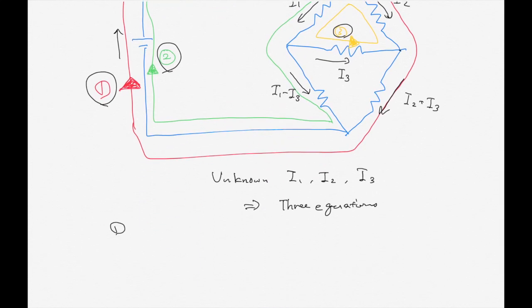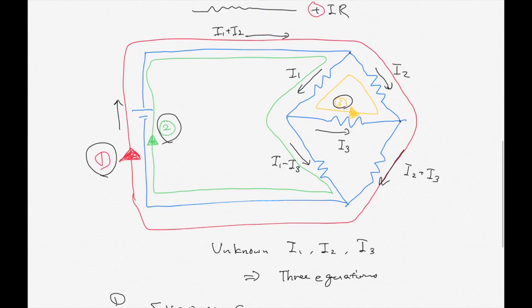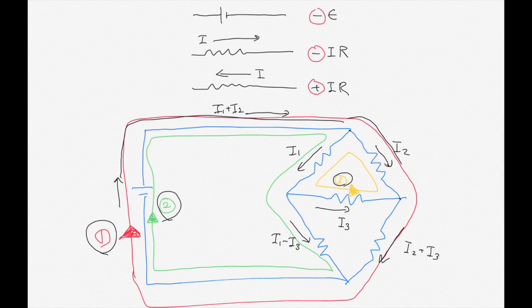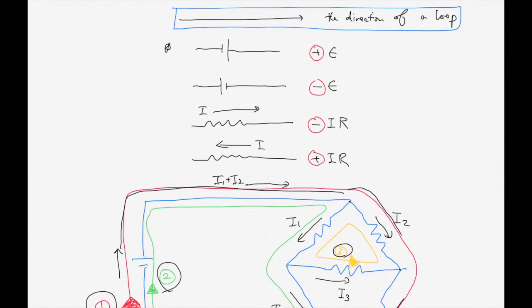So the sum of the potential differences equals 0, and this is equal to epsilon. And coming to these regions, at first we meet the first resistor, and the current is in the same direction as the direction of the loop. Then you have to use this case and put a negative sign.